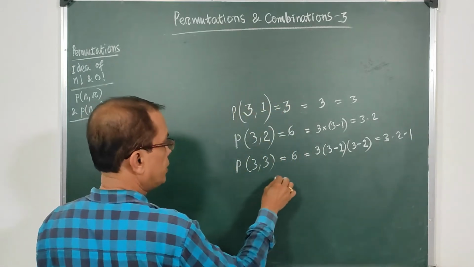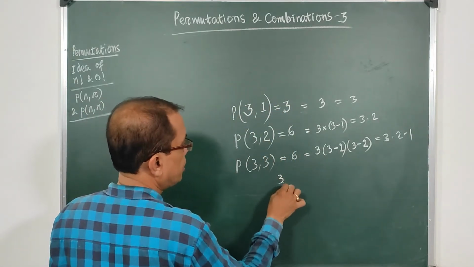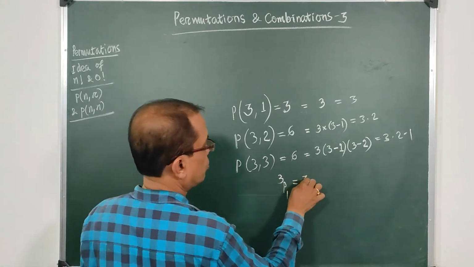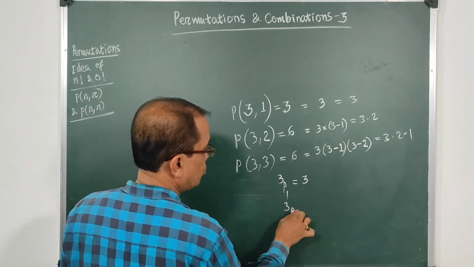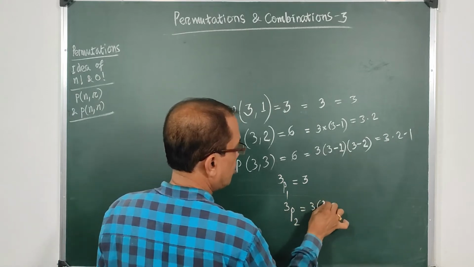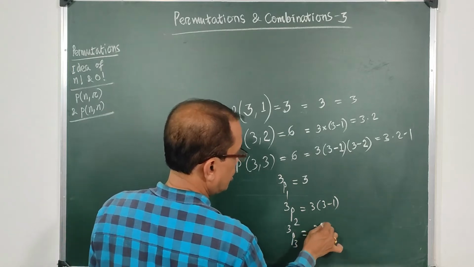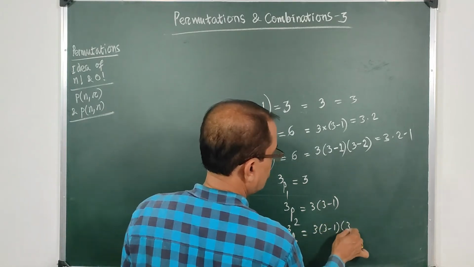So this is also written as 3P1, or permutation of 3 things taking 1 at a time. This is equal to 3. 3P2 is 3 into 3 minus 1, and 3P3 will be 3 into 3 minus 1 into 3 minus 2.